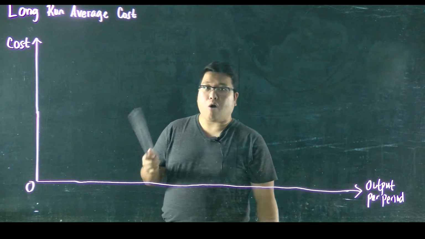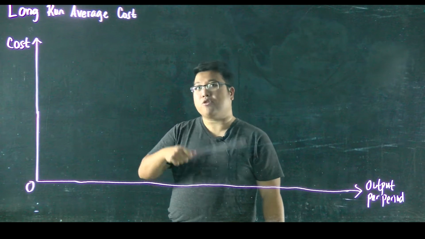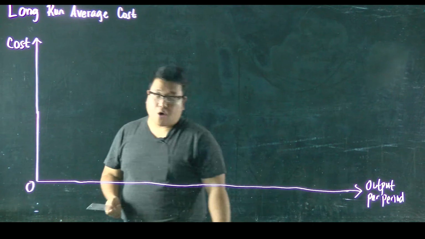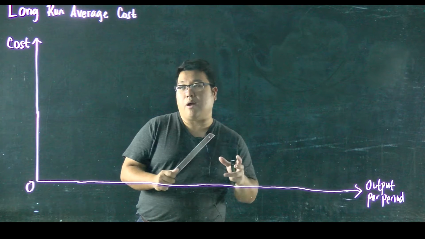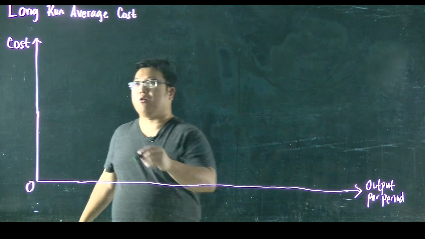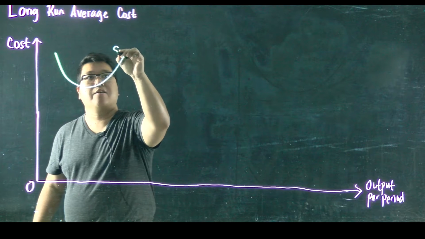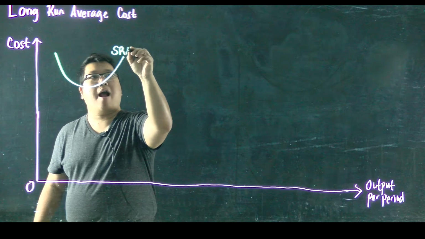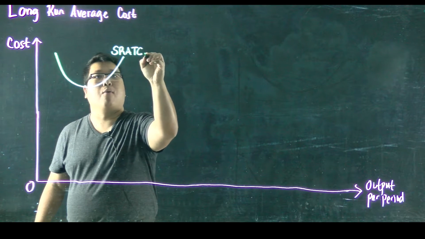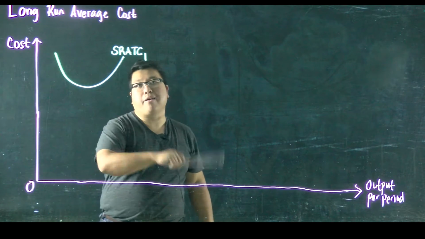The long-run cost curve comes from the short-run cost curves. So let's look at a particular short-run average total cost curve. I will call this short-run average total cost curve 1. What do we mean by this curve?